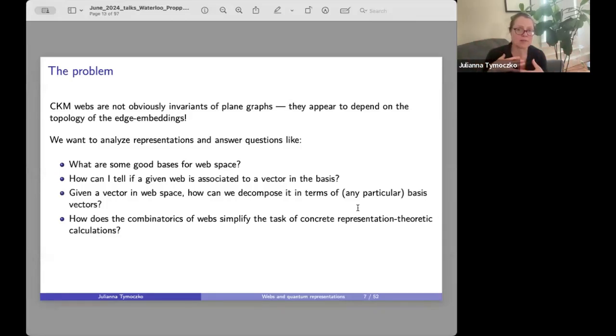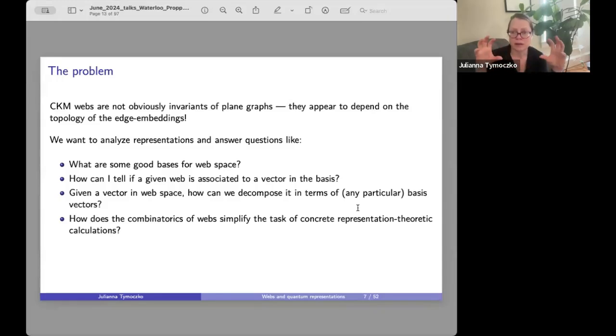So kind of bringing us back for a second, I'd like to analyze representations, and I'd like to answer specific questions, like, give me some good bases for web space. If you give me a web, how can I tell if it's one of these basis vectors? If you give me a random vector in web space, how can I write it in terms of a particular basis?